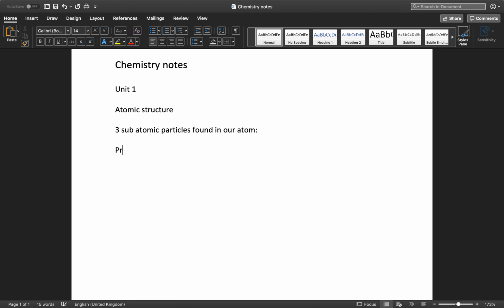We have your proton, your neutron, and your electron. So your proton is found in your nucleus. I should write out sentences because it would be easier, because I haven't really made a proper table, did I? No, I did not. So let me write into small discrete sentences so it's easier to remember and easier to understand.